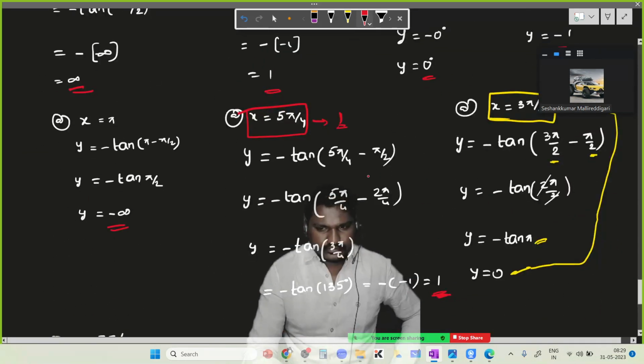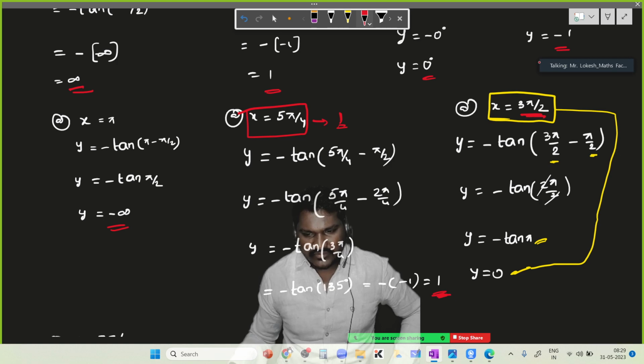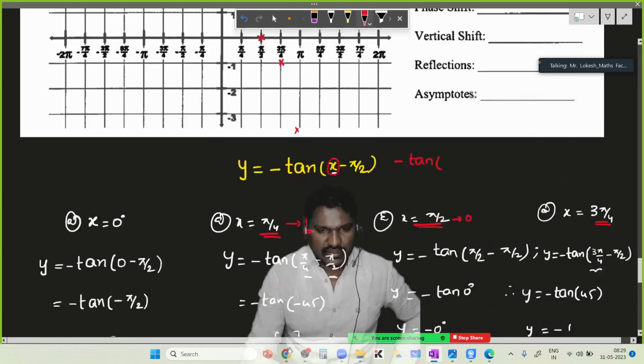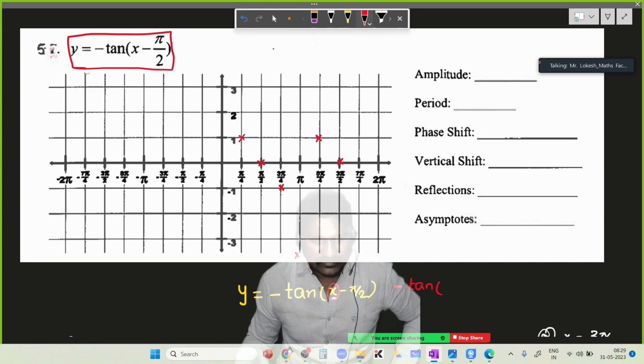Now at x equals 3 pi by 2, the value is 0, that means it lies exactly on the x-axis.